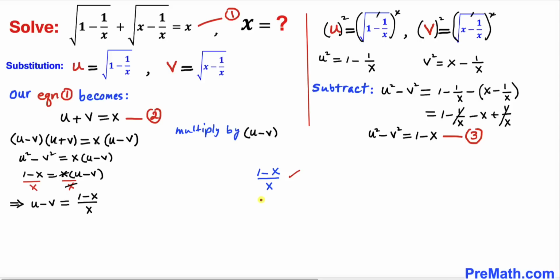We can manipulate this. I can write this as 1 over x minus x divided by x. So that is equal to 1 over x minus x over x, which is 1. Therefore u minus v can be written as 1 divided by x minus 1.